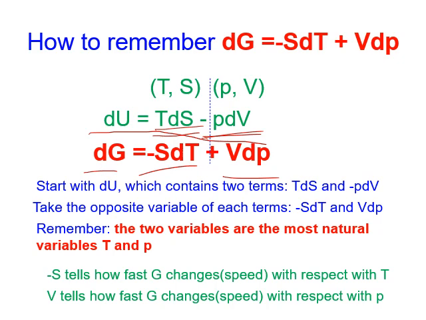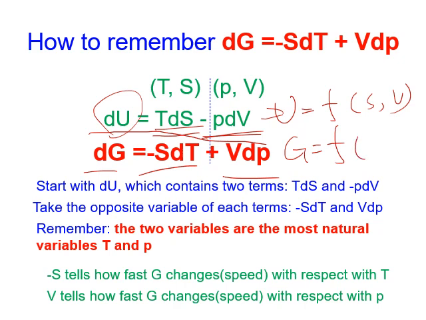Note that in contrast to internal energy, which is a function of entropy and volume, Gibbs energy is a function of temperature and pressure. And these are the two most natural variables that can be controlled.